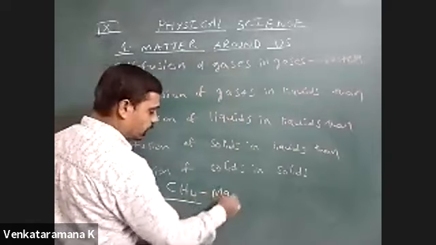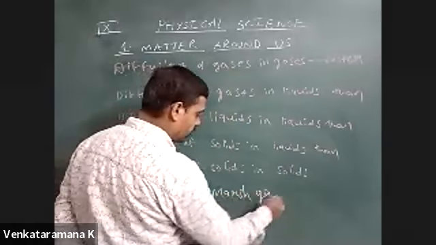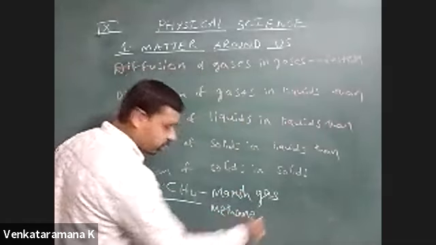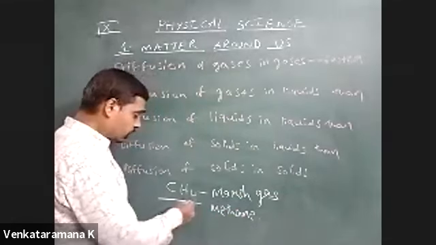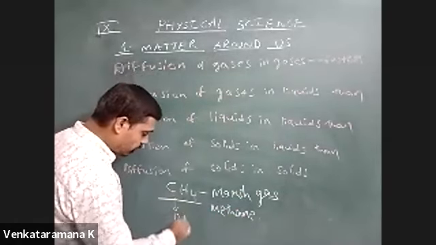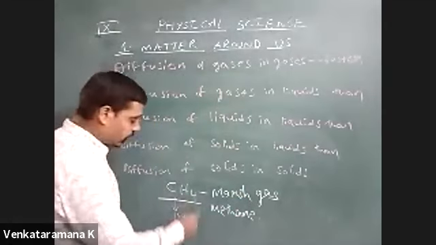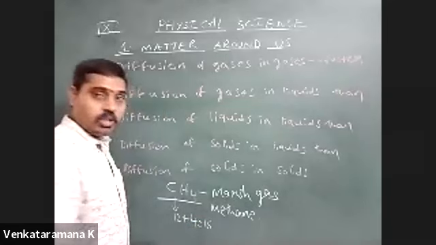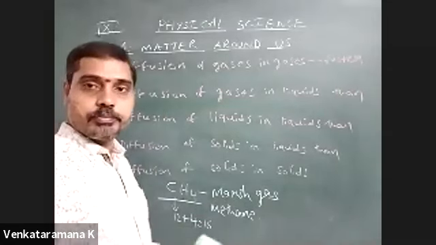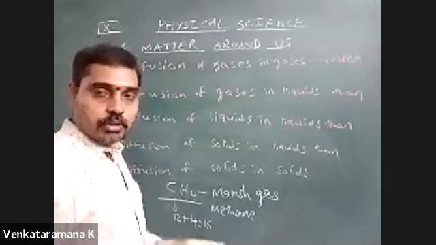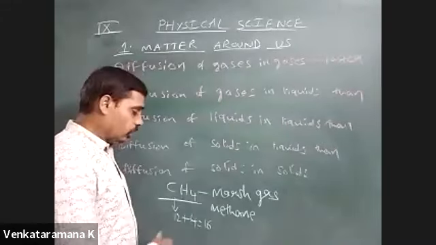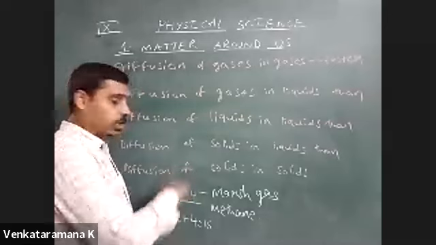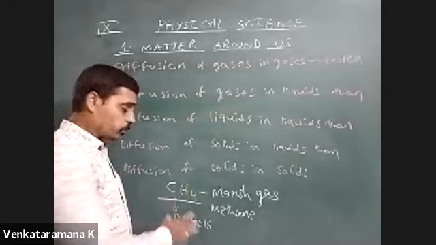This is known as Marsh gas, which we call methane. Its molecular weight is 12 plus hydrogen weight 1, four hydrogens, 4, so totally 16. Compared to other gases, its molecular weight is less, so it can spread very fast.